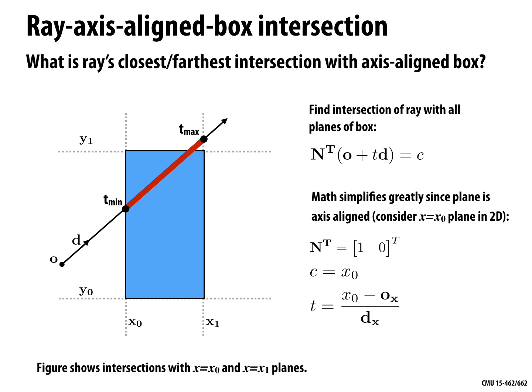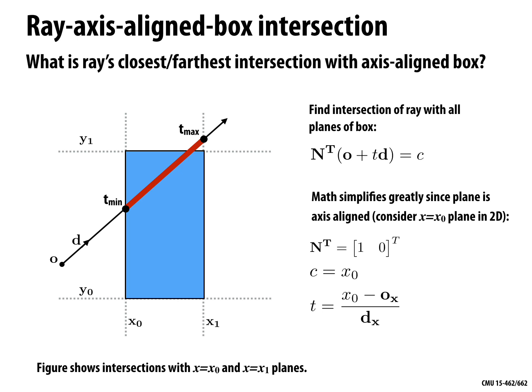So in 2D, for instance, the normal is always going to look something like (1, 0), or (0, 1), or (0, negative 1), right? And so when we go to solve that equation for t, we get a much simpler expression. In this case, we get t equals (x0 minus ox) over dx, where ox is just the x component of the origin, and dx is the x component of the ray direction. Okay?